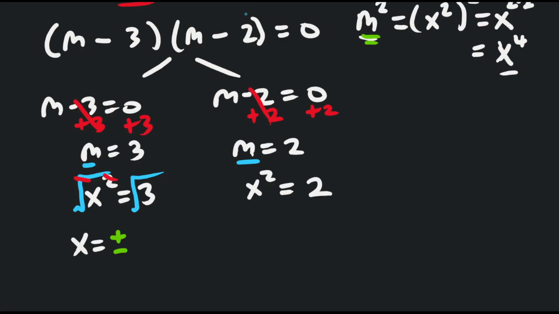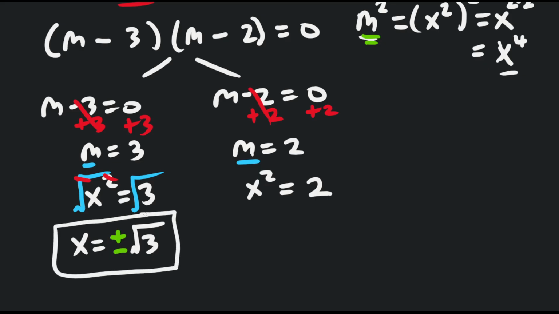So plus minus radical 3. Okay, so we have one solution, plus minus radical 3. And now let's do it to this equation right here. So take the square root of both sides. We'll do the same thing. That square root will cancel out with the square, and we have x equals, and same thing with the plus minus radical 2.